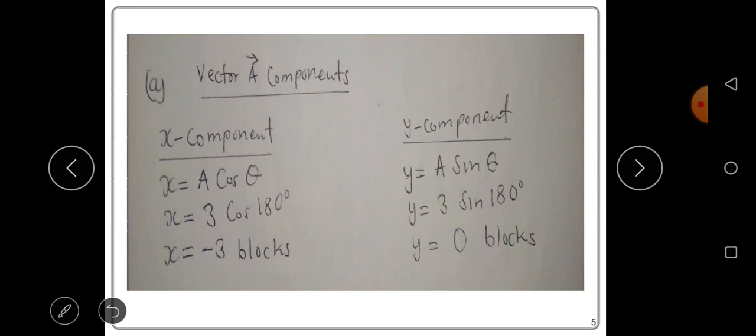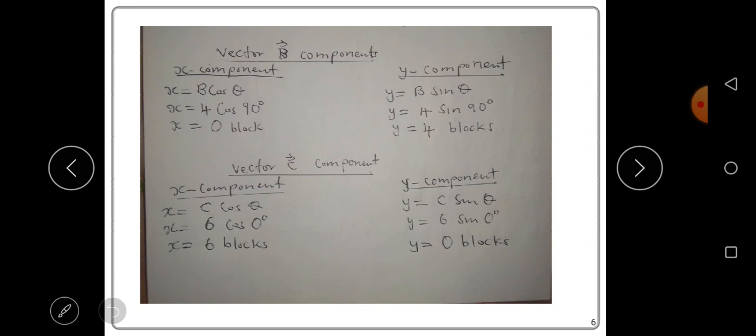Let's look at the components of vectors B and C. To find the x component of vector B, we use this equation: x is equal to B cos theta. B is equal to 4. Theta is equal to 90. When we punch this on a calculator, it gives us 0.